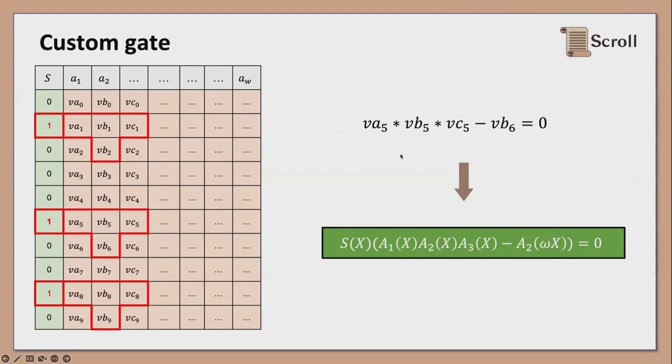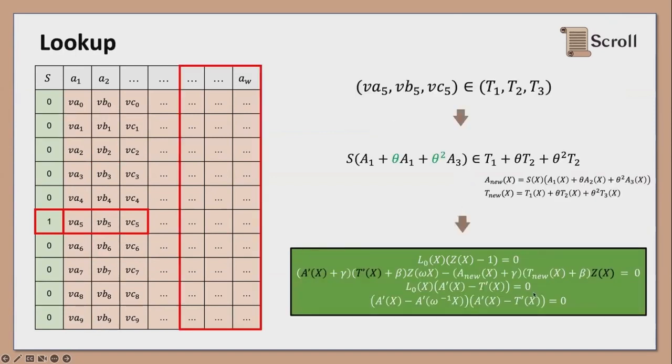In short, each custom gate will result in one unique polynomial. And for lookup, without going into too much detail, this belonging relationship is also converted into some polynomial identity relationships. But different from a custom gate, it will generate four different polynomial constraints, like this Lagrange polynomial and this Z(x).